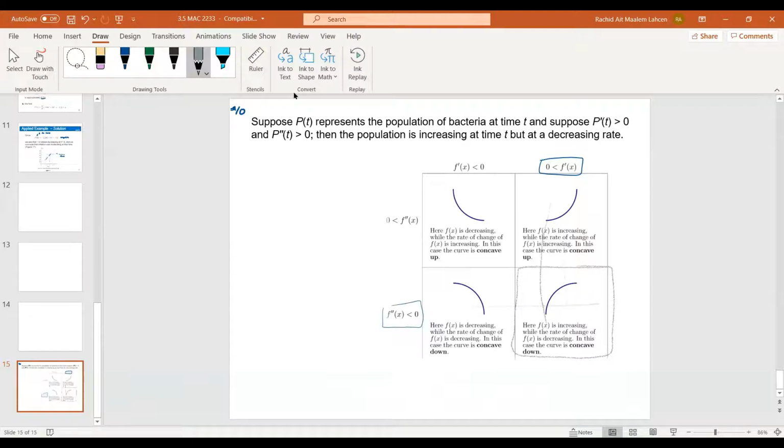So you see the curve is concaving down. If the curve is concaving down, it means the curve or the function is increasing while the rate of change is decreasing. It's slowing down. It is still increasing, but it's slowing down. The rate of change of f of x is decreasing. In this case, the curve is concave down, right?